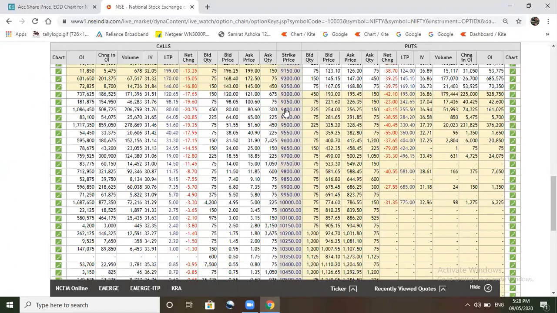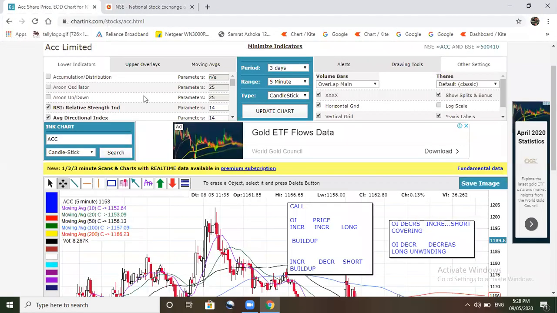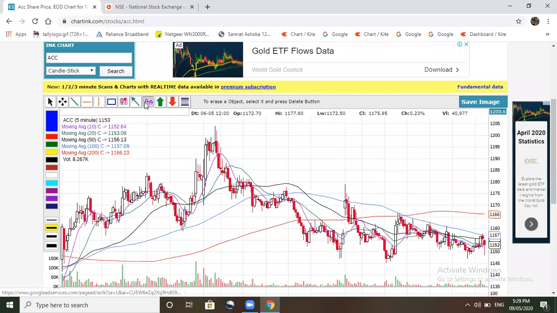At this level puts were bought and that's why price went down. So this way you can interpret the call options. Now put options, how will you interpret? Let's see for put options.